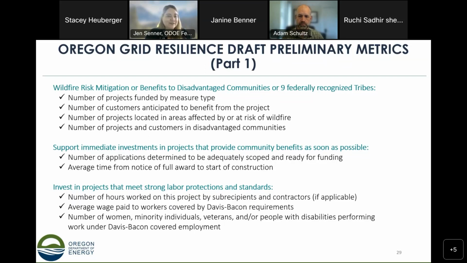Just covering some of the types of metrics, we have metrics under the objective of wildfire risk mitigation and benefits to disadvantaged communities or the 9 federally recognized tribes. We also have metrics around supporting immediate investments that provide those community benefits as soon as possible, and metrics that help us examine whether we're investing in projects that meet strong labor protections and standards.